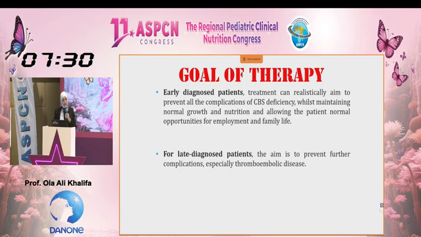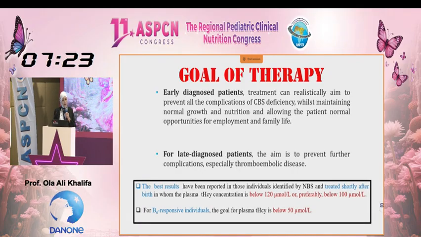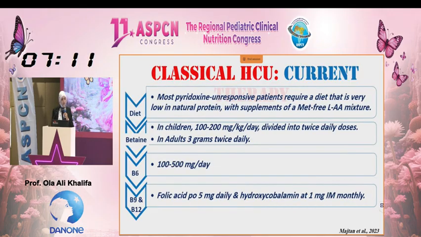For late diagnosed patients, I have to aim to prevent further complications, especially thromboembolic disease. The best result, as I said, has been for treatment shortly after birth and achieving a total homocysteine of less than 120 micromole or preferably below 100, and for B6 responsive patients the goal is below 50.